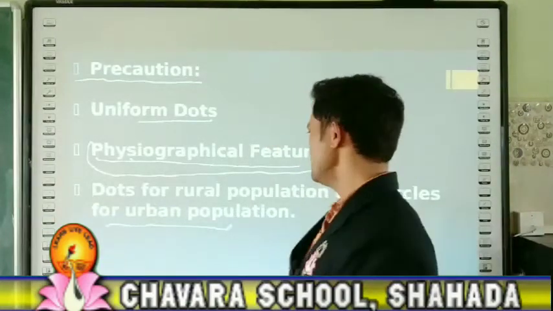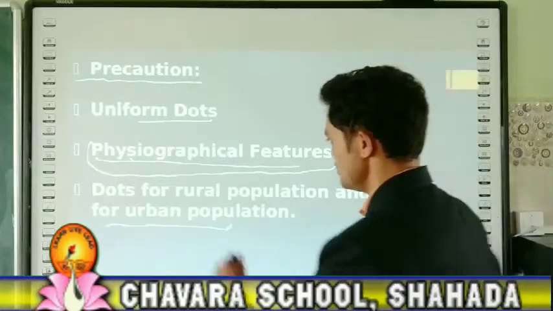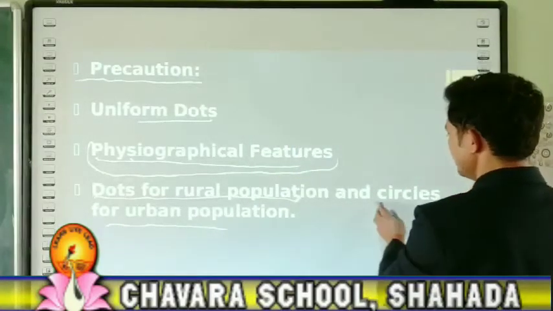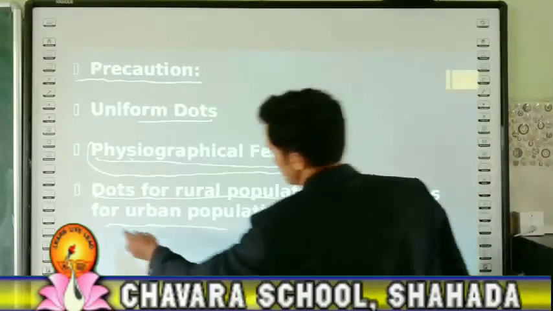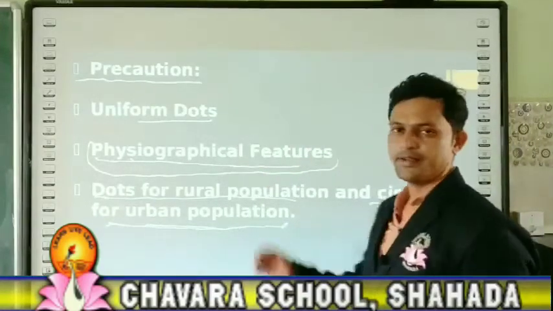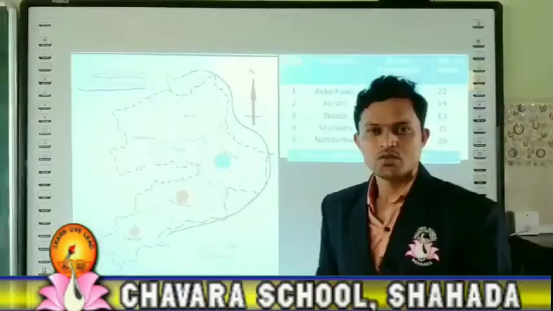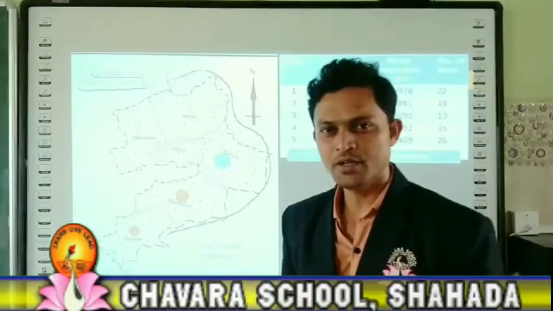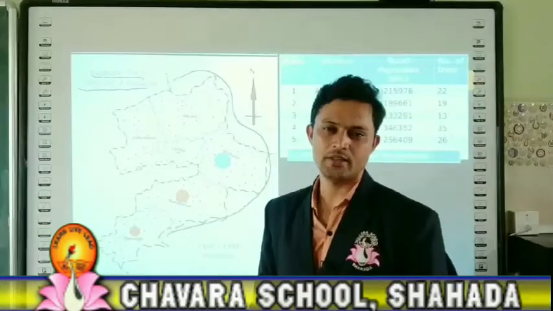But in case of human population, we use dots for rural population and different sizes of circles for urban population. It's only in case of human population. So let's have one practical example of how to prepare the distributional map using the dot method.